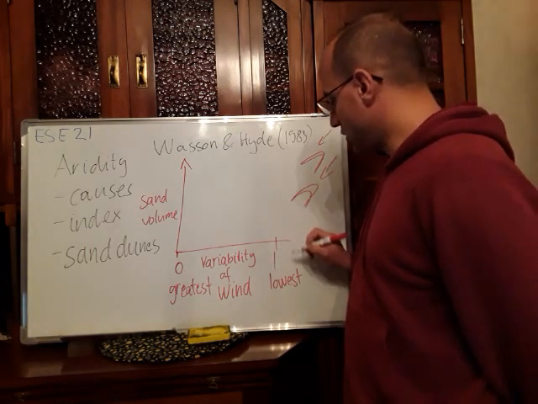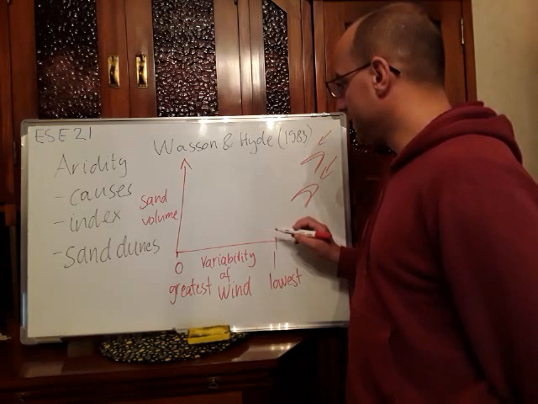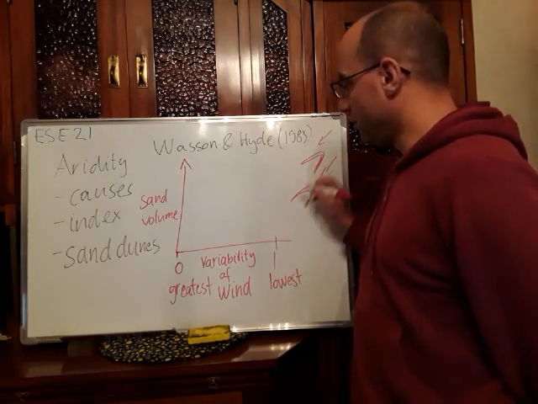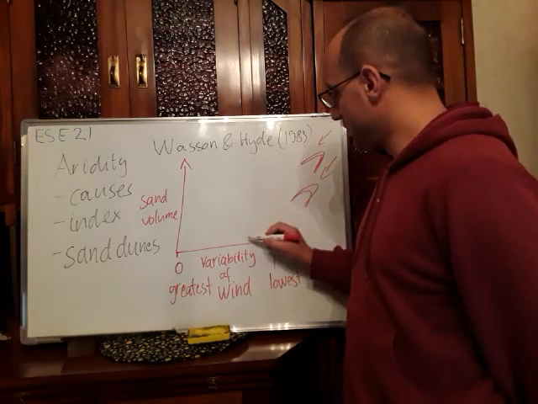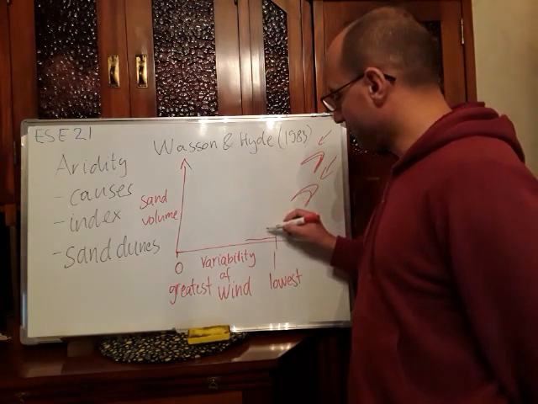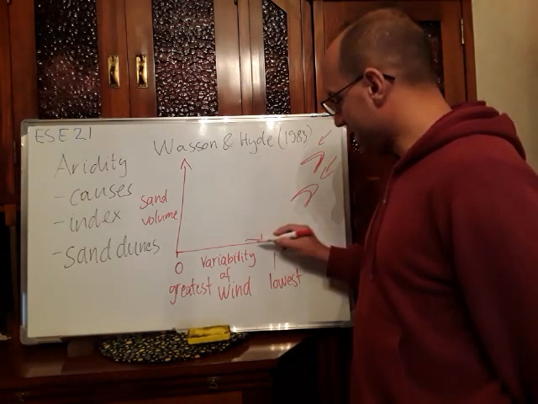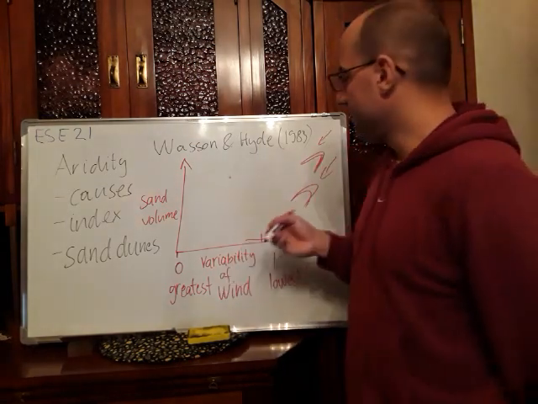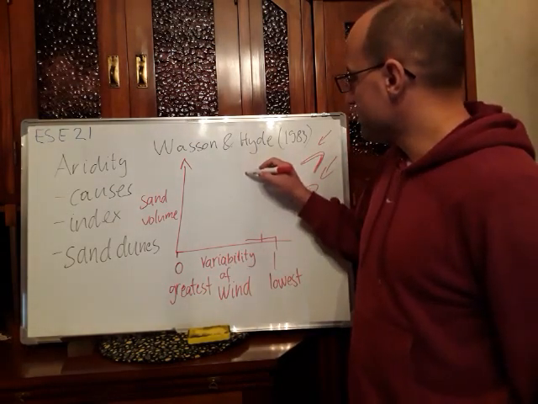Only one direction, low variability, but the sand is not available in large amounts. So that's why we'd have something like this: low sand volume and at the same time quite a low wind variability.